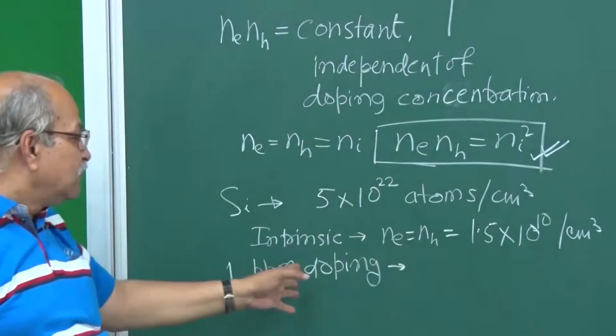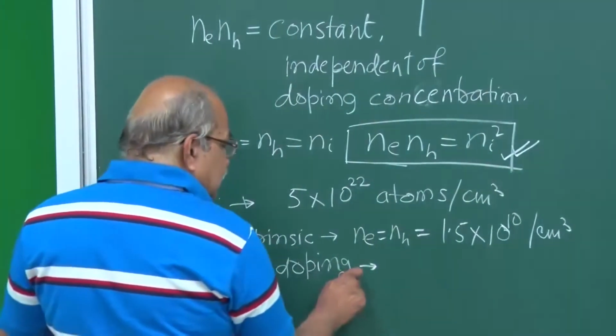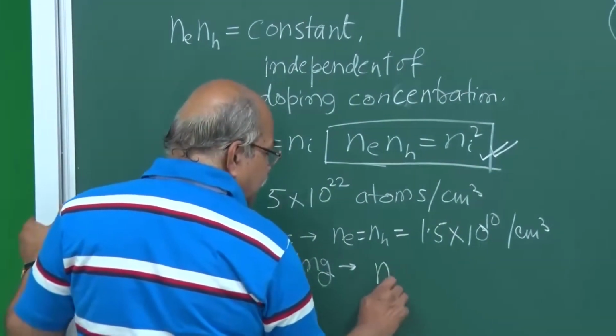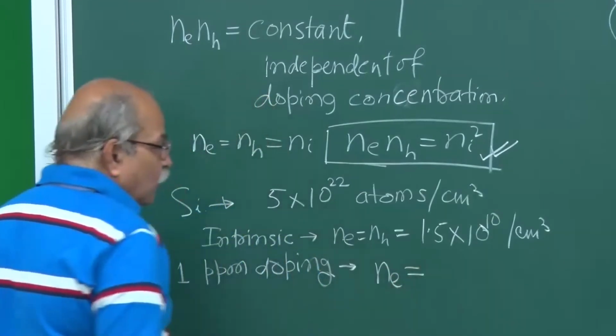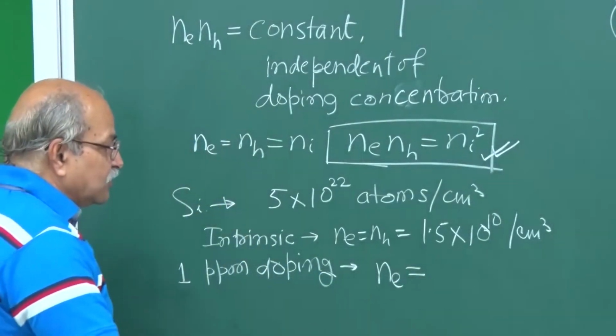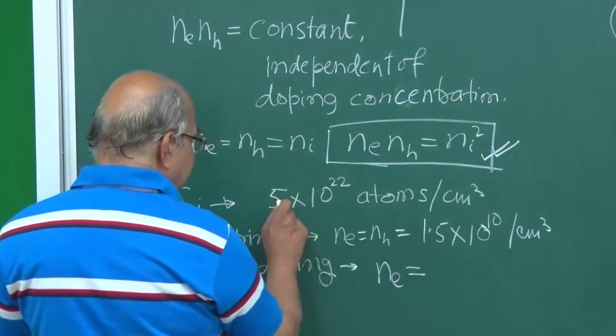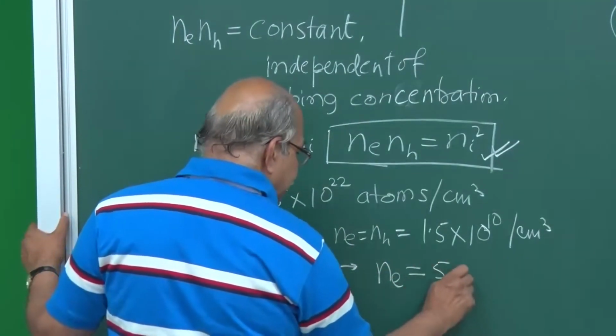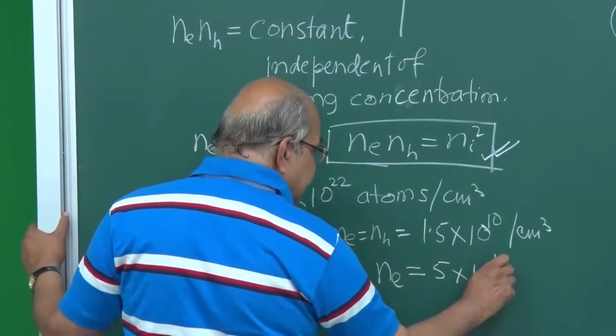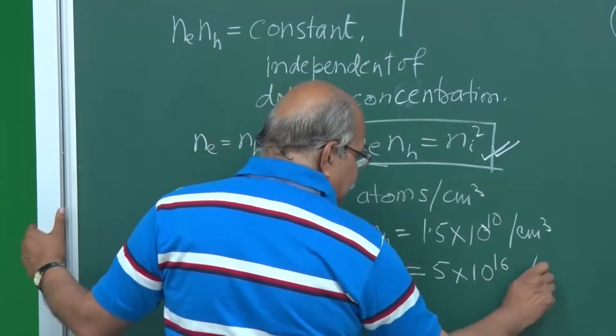So the number of extra electrons that you have put in is 1 per 10 to the power 6, and so that will be 5 into 10 to the power 16 per centimeter cube.